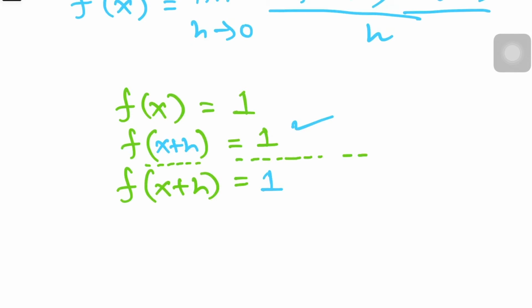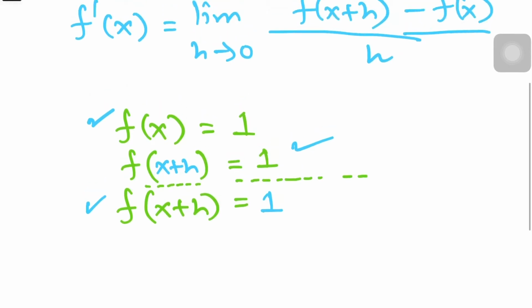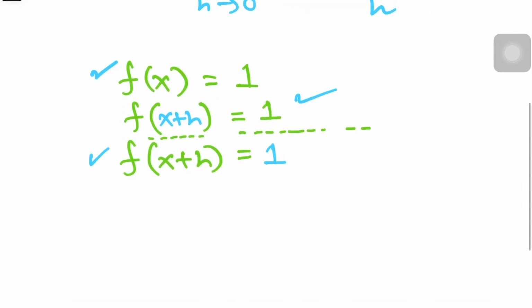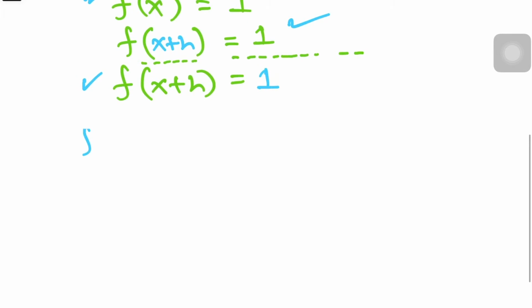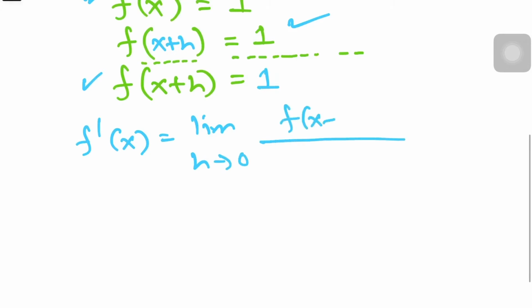So we know the value of f of x. We just found out the value of f of x plus h. Now we can plug it in and simplify. So f prime of x equals the limit as h approaches 0 of f of x plus h minus f of x, divided by h.